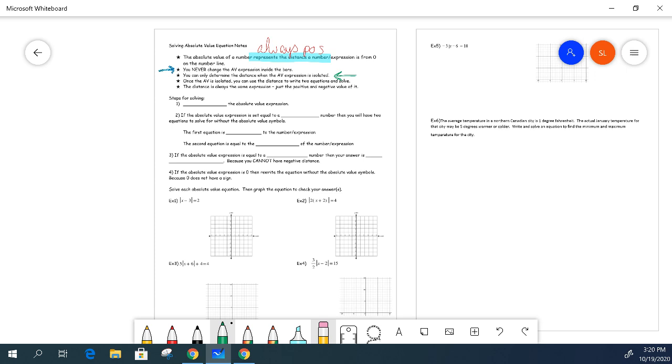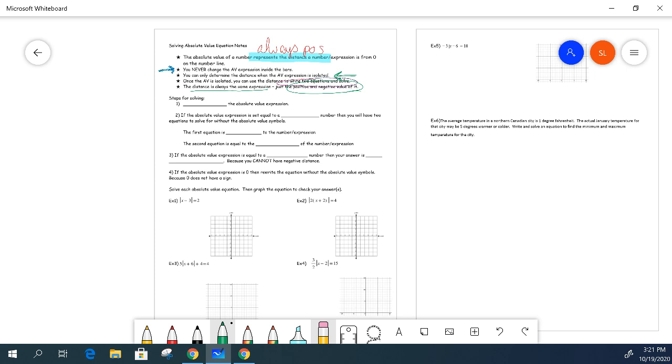And we'll talk about what that means here in just a minute. We will need to set up two equations to solve after we've isolated. And then also recognize that we're going to use the same expression, but we're going to be doing the positive and the negative. So here's what all of that means.